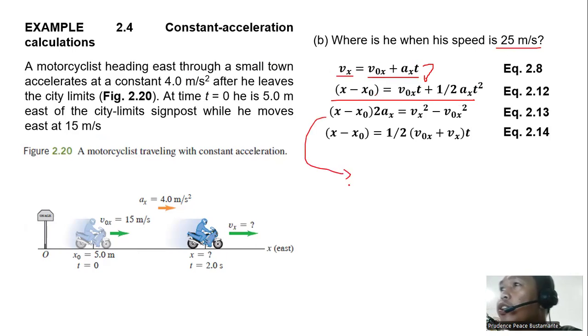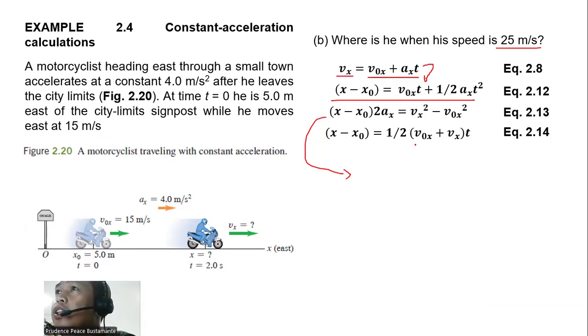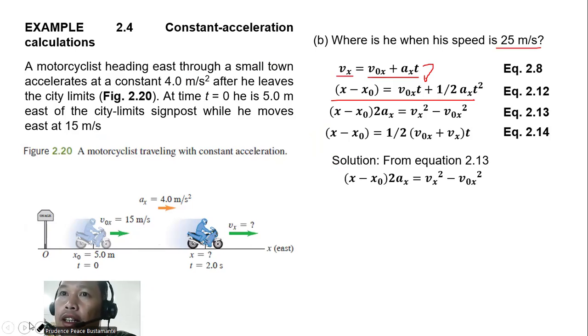However, you can also use equation 2.13 here. Given this, solve for this x. You have the acceleration, the initial position, and the initial velocity.